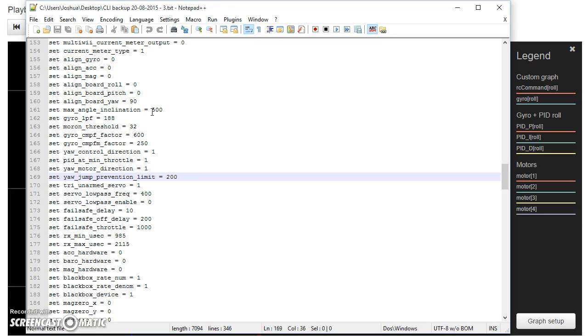I find that having a higher yaw jump prevention limit is preferable to me, and I just learned that if I'm going to do a strong yaw maneuver, I need to lower the throttle, and that sort of becomes second nature, that kind of throttle management, to the point where you can just do it. That works for me. So try raising that if you don't like your yaw performance to maybe 300.